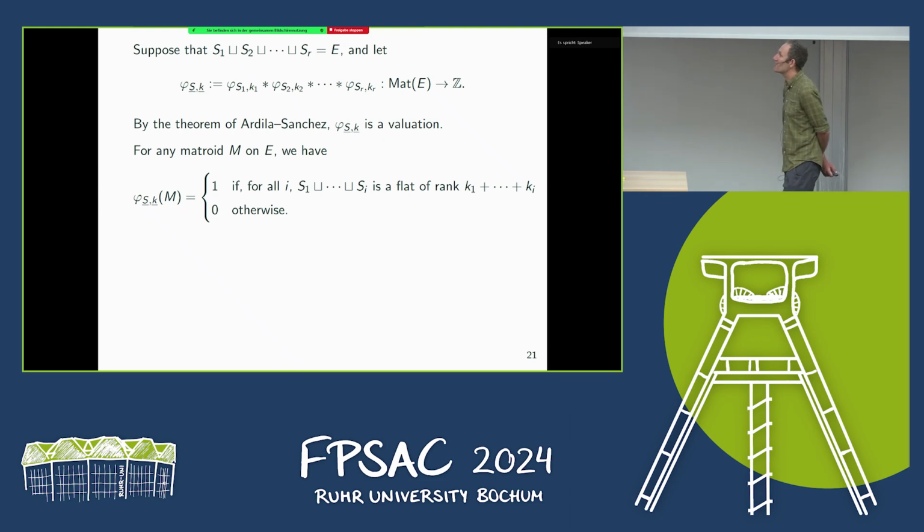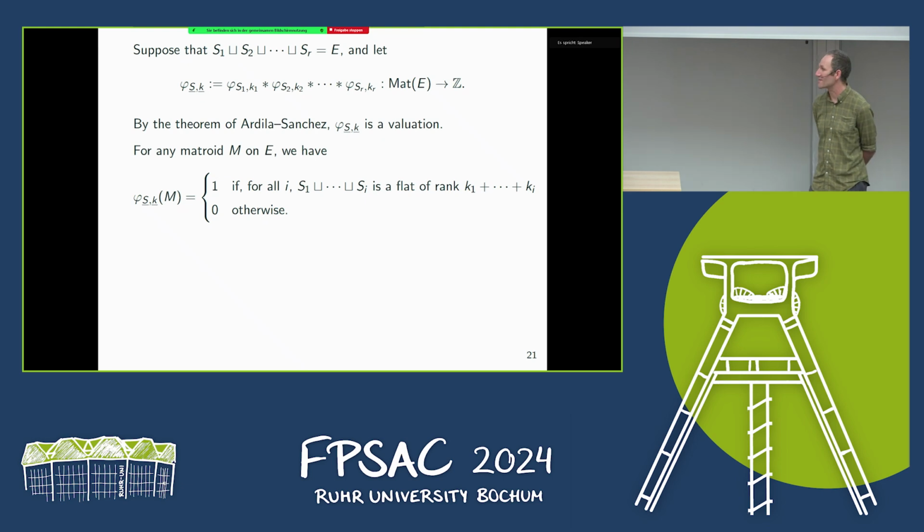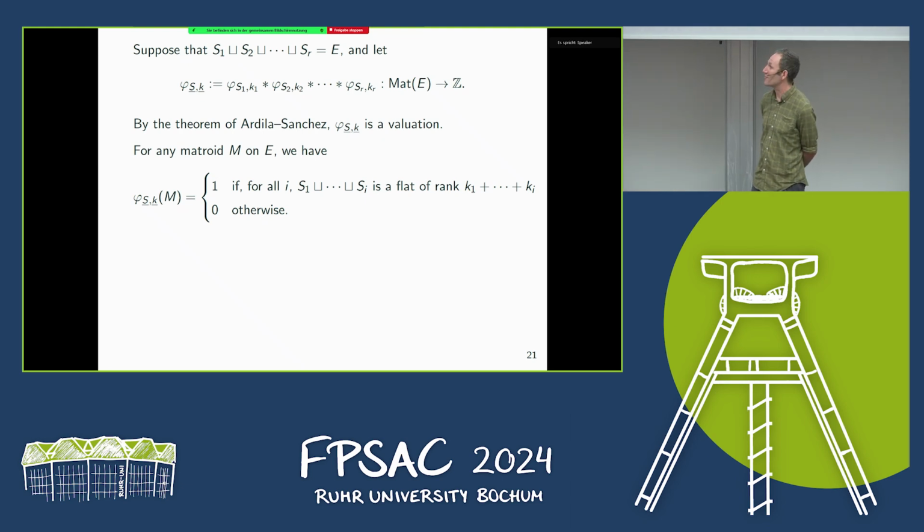So S1 should be a flat of rank K1, and S1 union S2 should be a flat of rank K1 plus K2, and S1 union S2 union S3 should be a flat of rank K1 plus K2 plus K3, et cetera. So using this Ardila-Sanchez theorem, I can now detect whether a certain chain of subsets is a chain of flats of a prescribed rank.